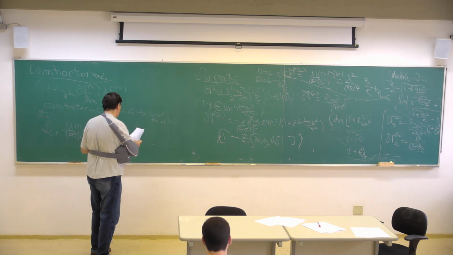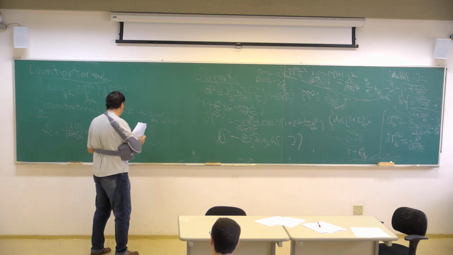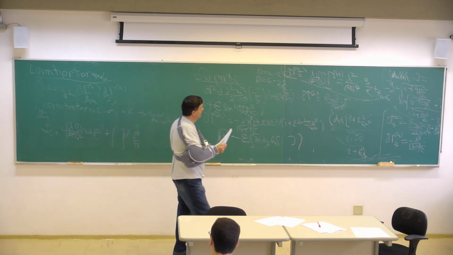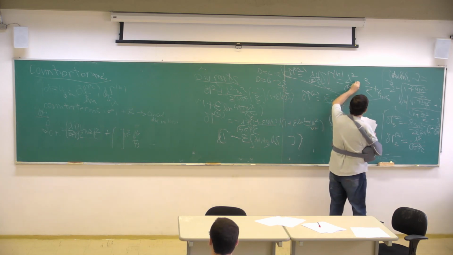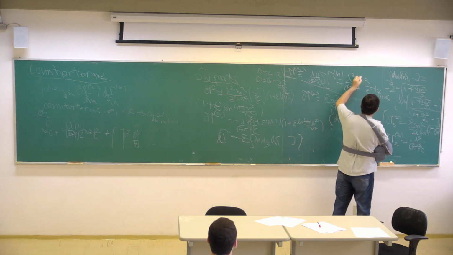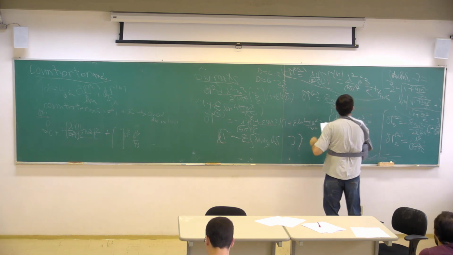Again, I will separate this differently. Here there was also a mu to the epsilon, which I forgot. And then I have 3 lambda squared over 16 pi squared epsilon.